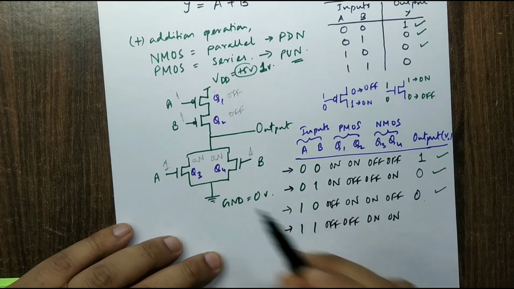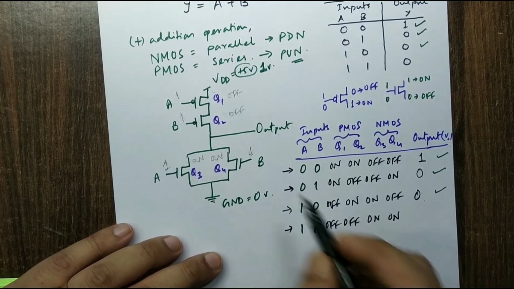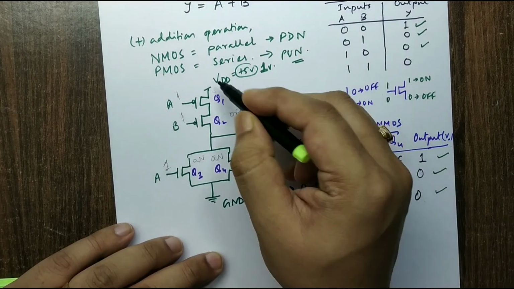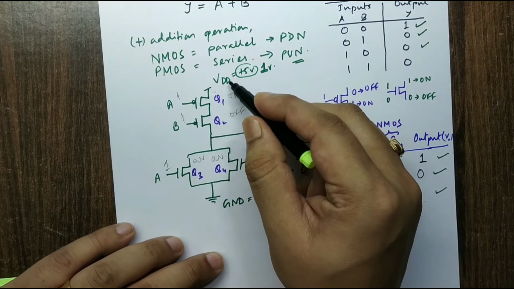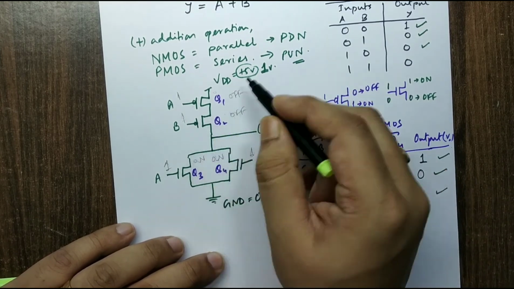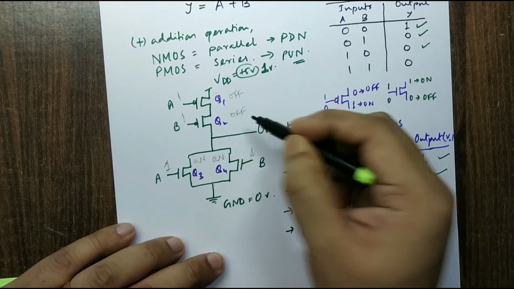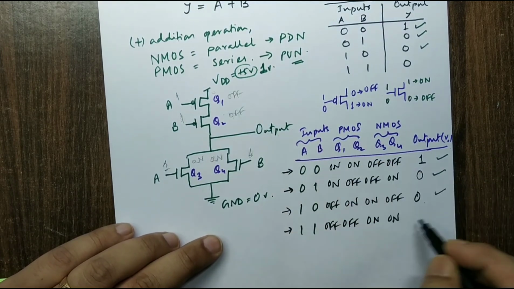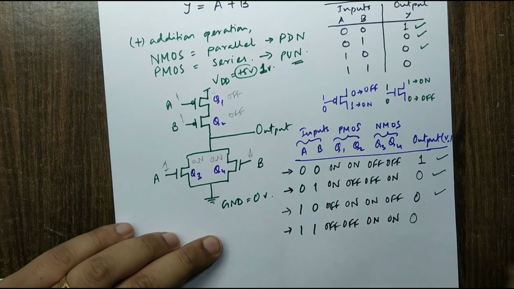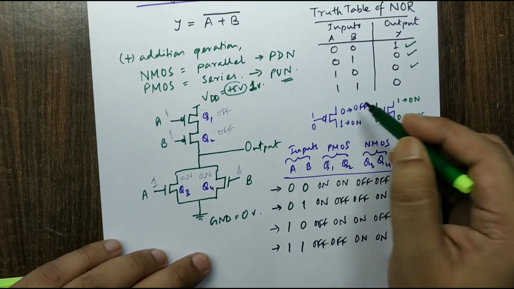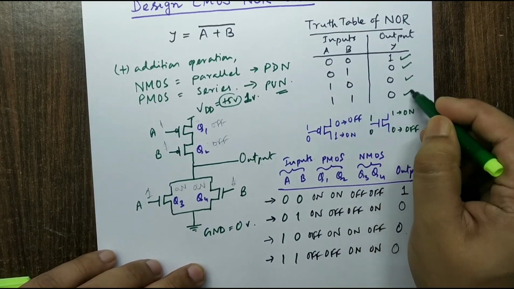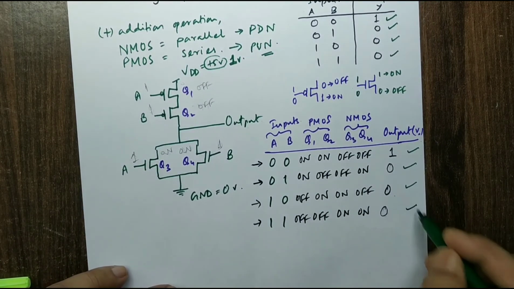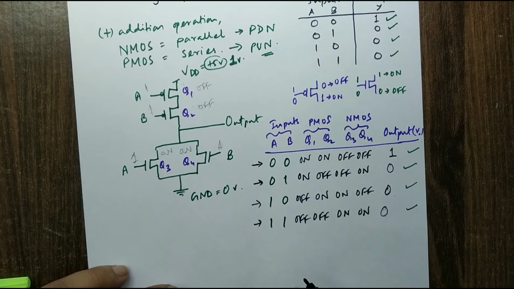Since both are turned on, the output is very well connected with ground, and the whole path between supply and output is cut off because both are off. So the value of ground will reflect in the output, that means 0. Here we have seen for 1 1 it is 0, and the combination here is also reflecting 0.